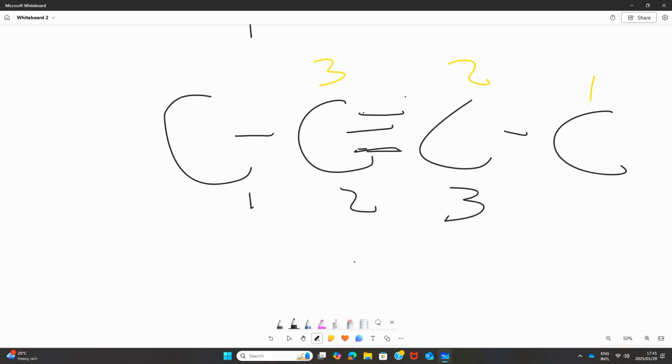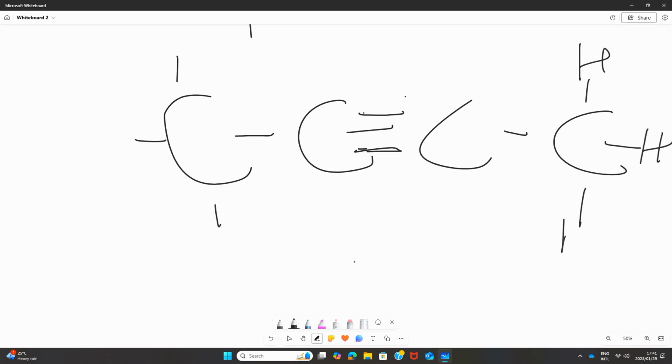So that means that for naming this alkyne, let's fill up the bonds to make sure there are 4 bonds surrounding each carbon atom. So this would be hydrogen, hydrogen, hydrogen, and then hydrogen, hydrogen, hydrogen.